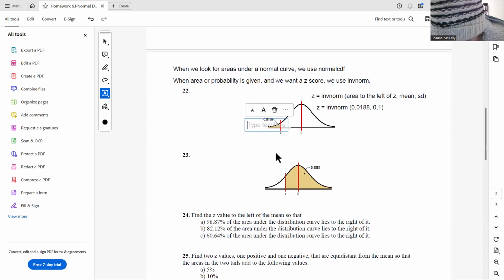Now, 23, they don't give us the area to the left. They give us the area to the right. So guess what we have to do? We have to use our brain, and we have to give the calculator the information it wants.